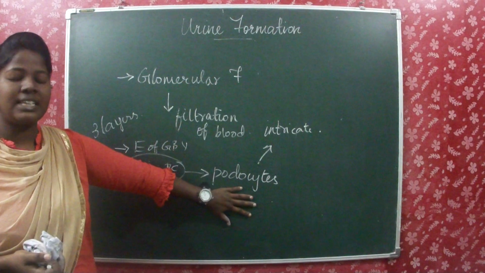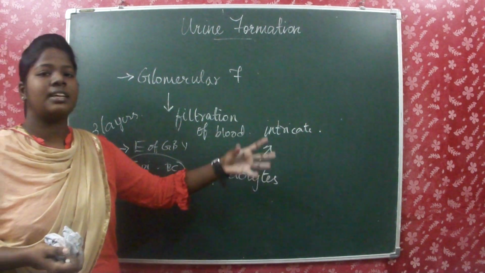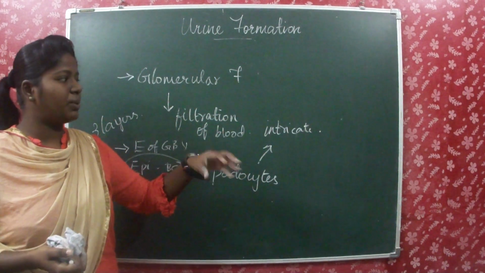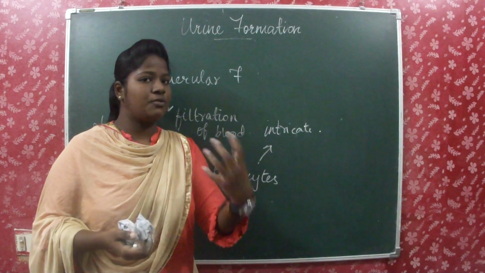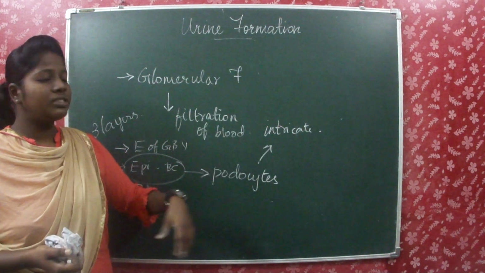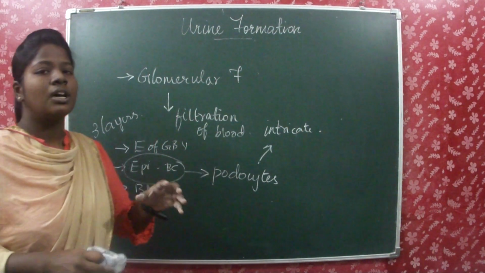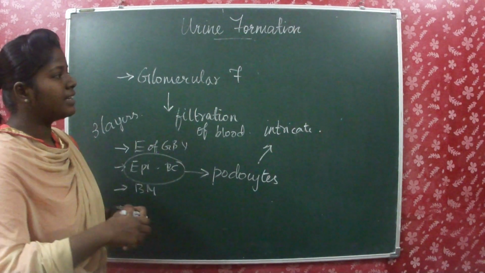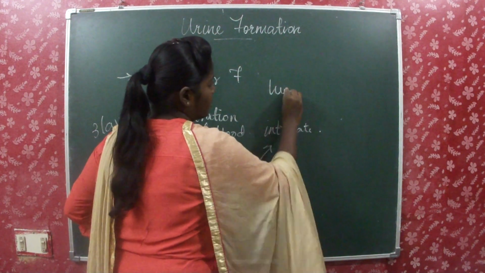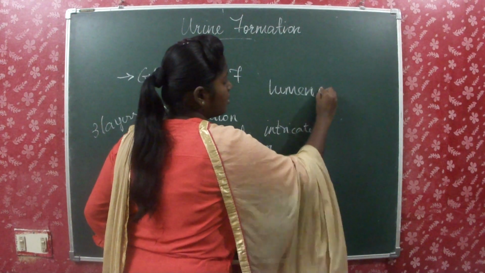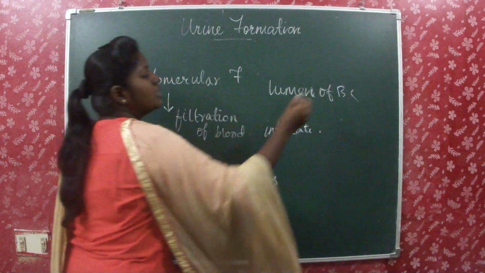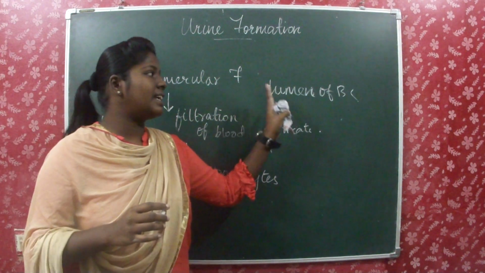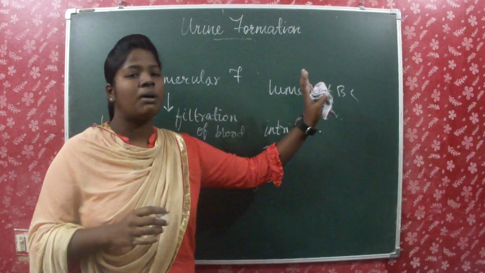Through this, except protein, all the plasma substances are permeable and enter the lumen of Bowman's capsule.